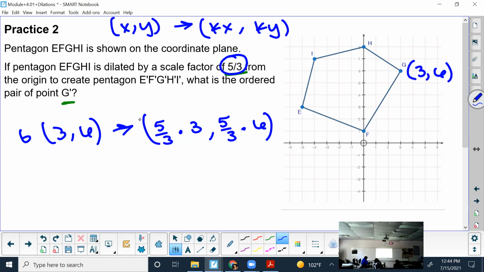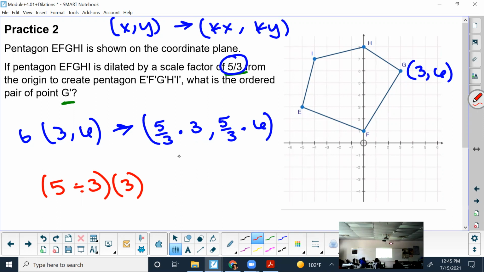If you're not, you can just enter this in your calculator. You can put the fraction in parentheses, so it'll look more like this in your calculator: open parenthesis, 5 division sign 3, close parenthesis, and then times 3.